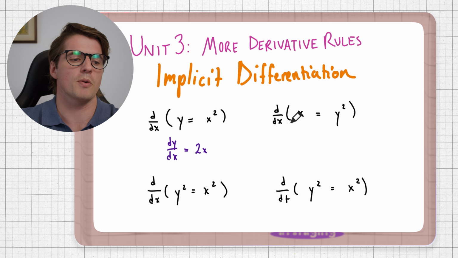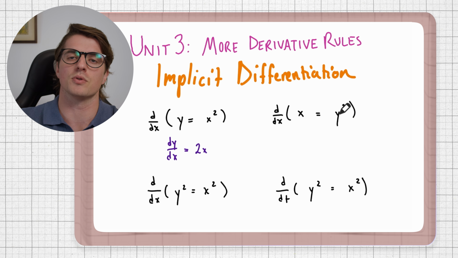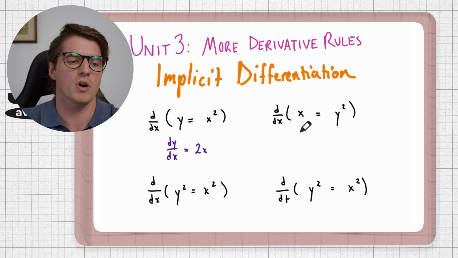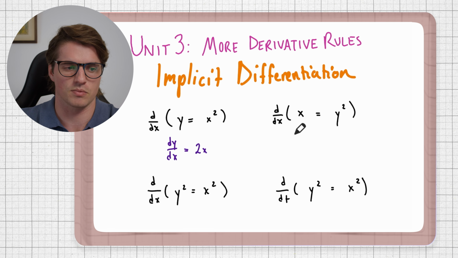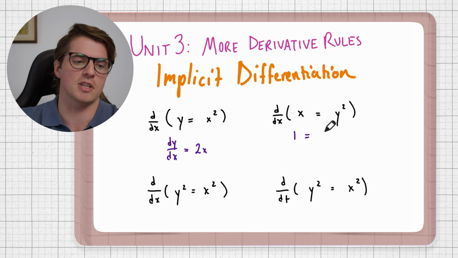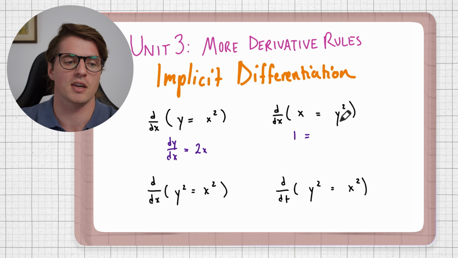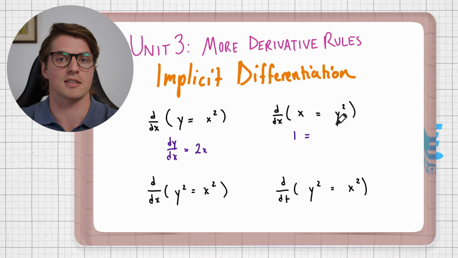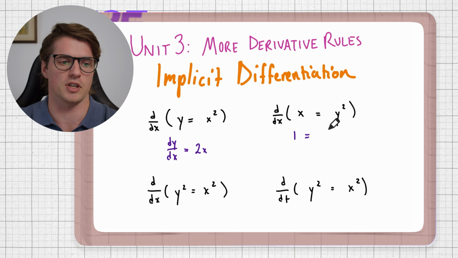Okay, now what happens if we flip this around? If we have x is equal to y squared? Well, we know that the derivative of x is just 1, which is true. For y squared, we're going to use the chain rule. Instead of y squared, we think of this as something squared, which we talked about before in another video.